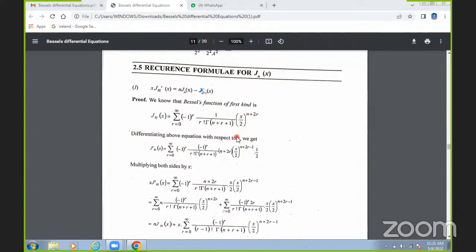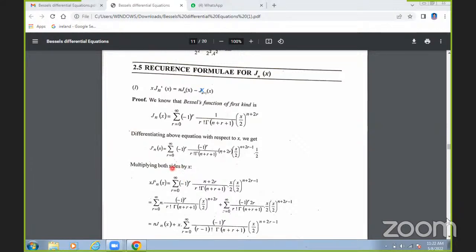The differentiation of x to the power of n is n x to the power of n minus 1, so with n replaced by n plus 2r, we get (x by 2) to the power of n plus 2r minus 1, and the differentiation of x by 2 is 1 by 2.